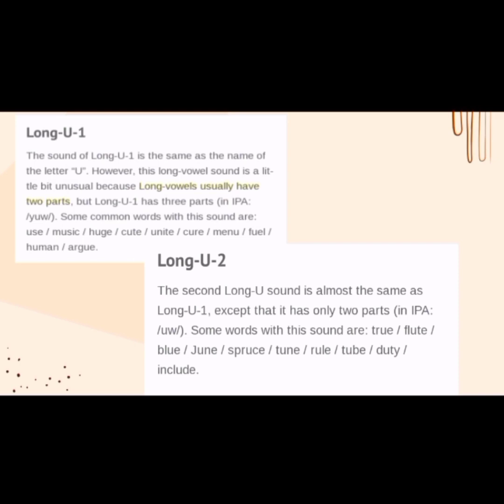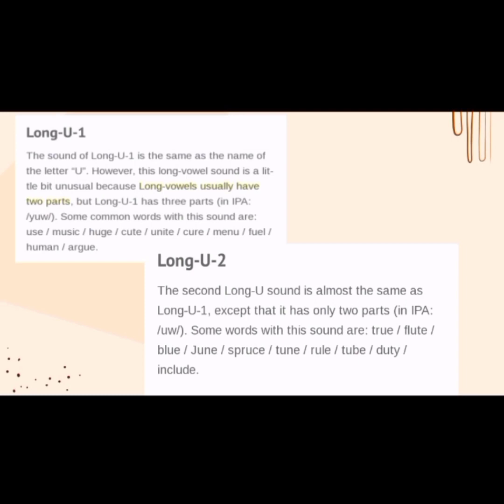The first sound is long U1. The sound of long U1 is the same as the name of the letter U. However, this long vowel sound is a little bit unusual because long vowels usually have two parts, but long U1 has three parts in IPA.